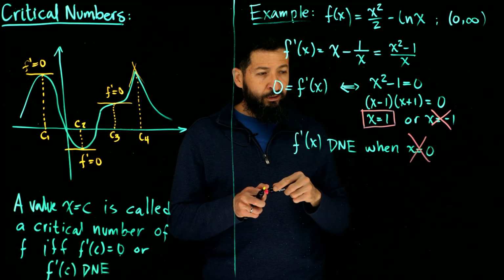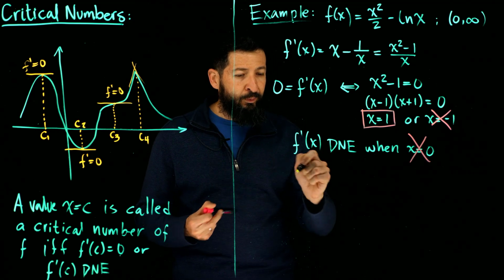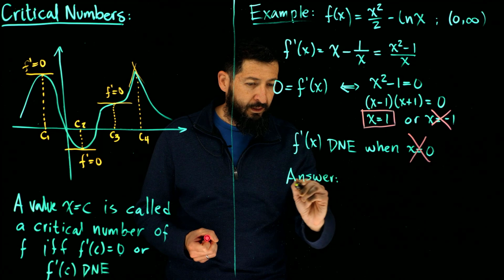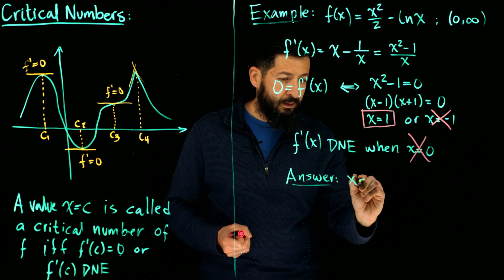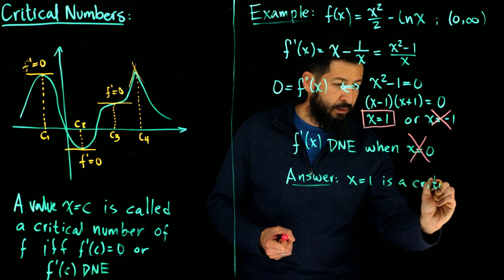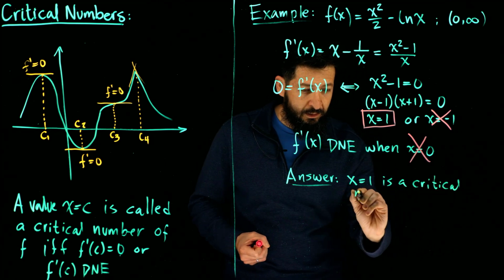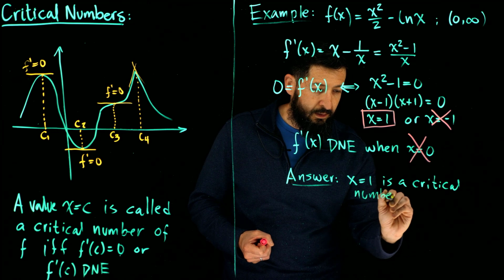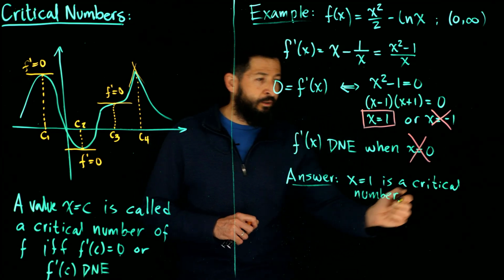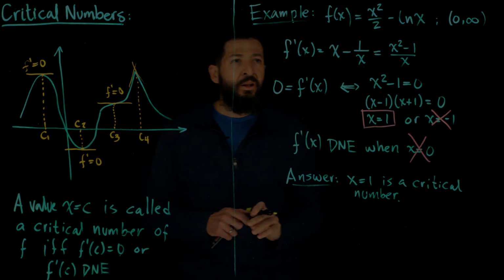So my only critical number is going to be x equals 1 for the function f. So you have a critical number right there.